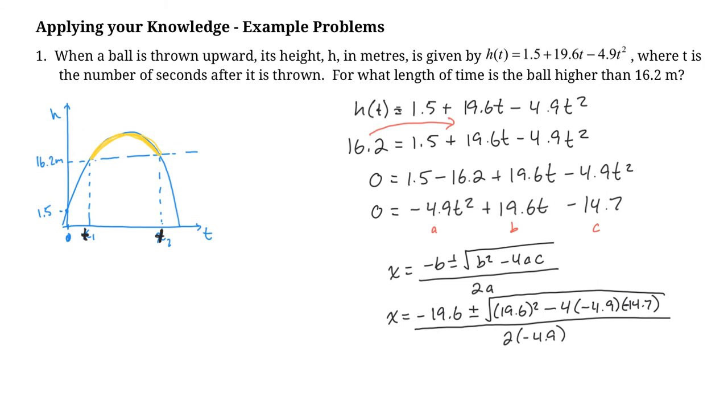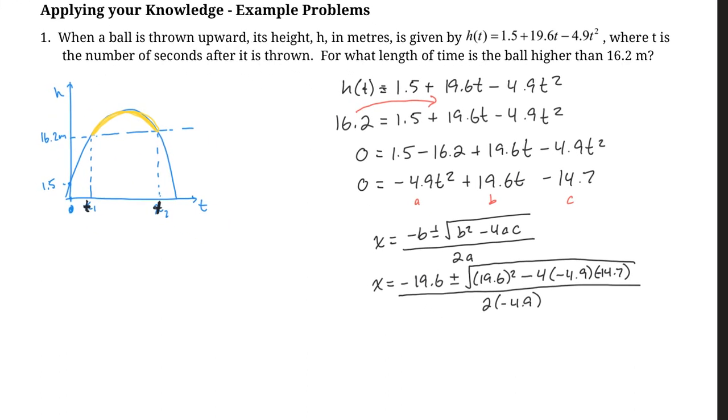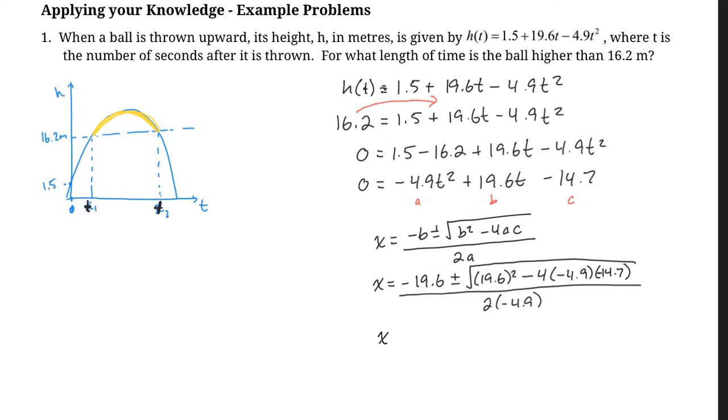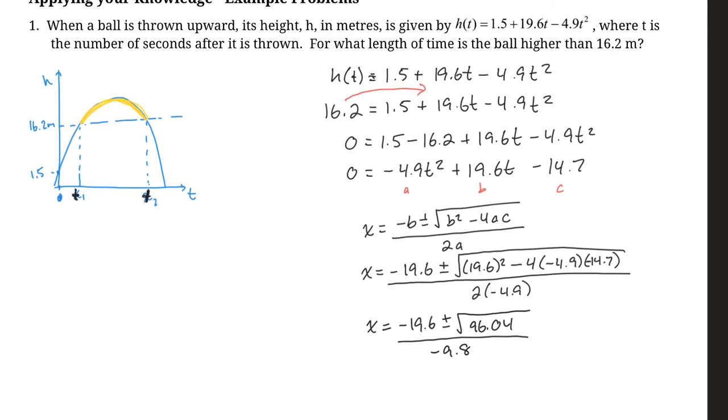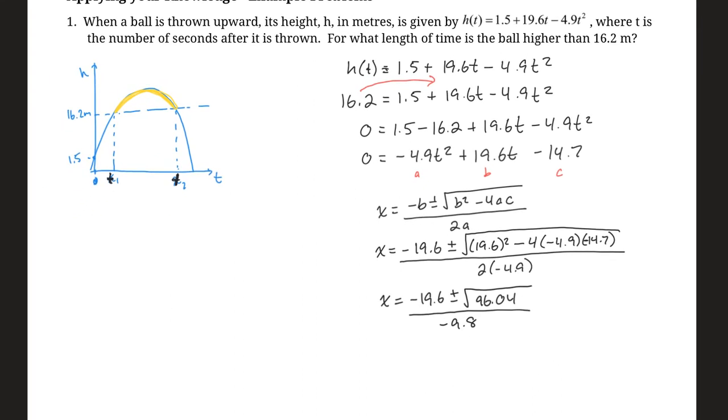So once you do some calculations, we're going to get x is equal to negative 19.6 plus or minus the square root of 96.04, and it's all going to be divided by negative 9.8. And we're going to get two possible answers.